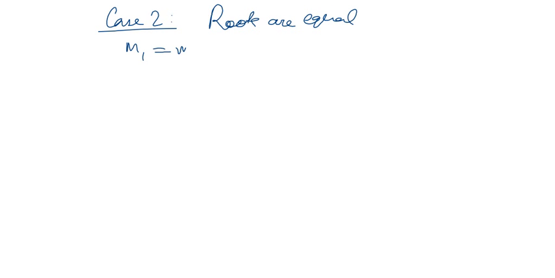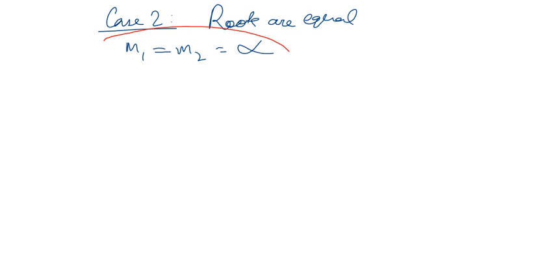So the second case, which is your case 2, roots are going to be equal. So in this case, you have m1 equal to m2 equal to say value alpha, right?